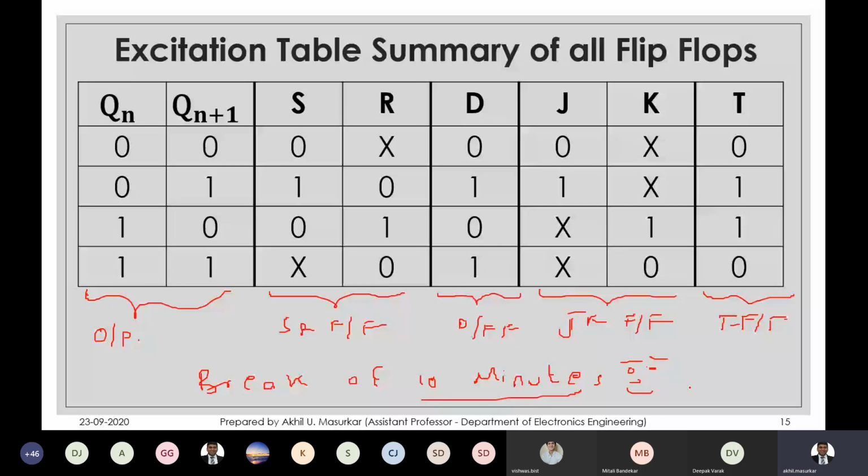In the meantime, we can just copy this excitation table down. Those who have done it, we can just take a 5 minutes, 10 minutes break. So we'll resume back at 11:25.